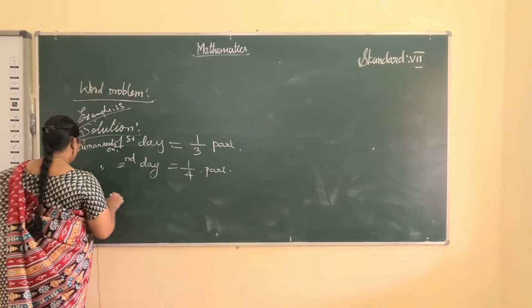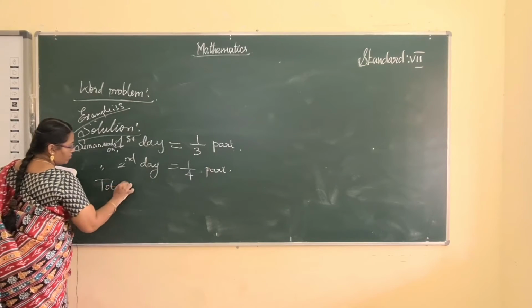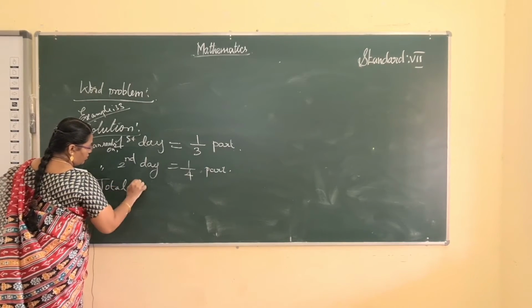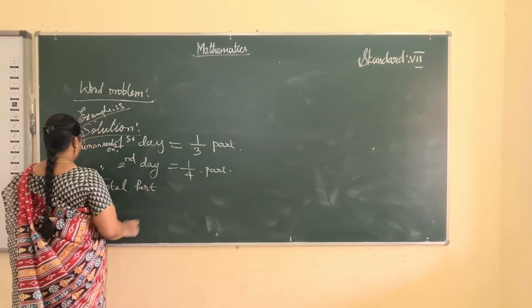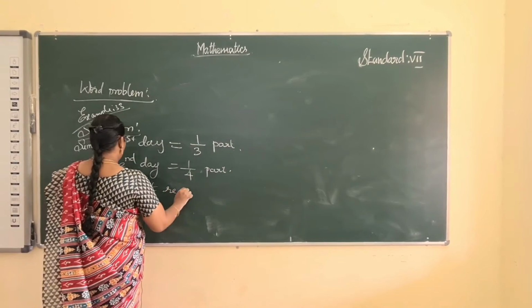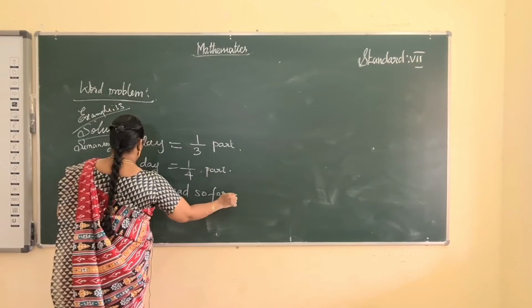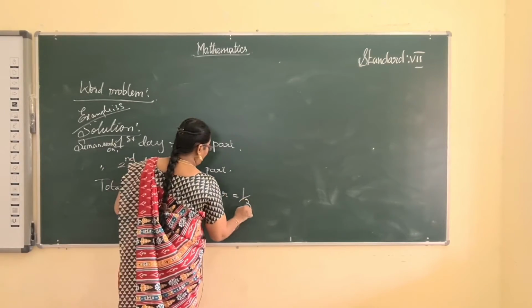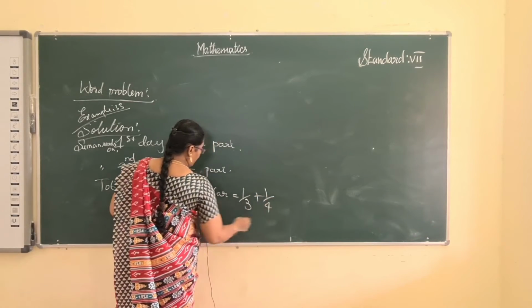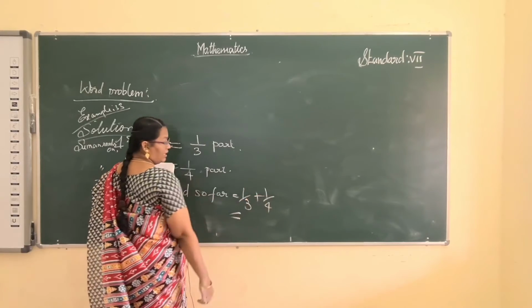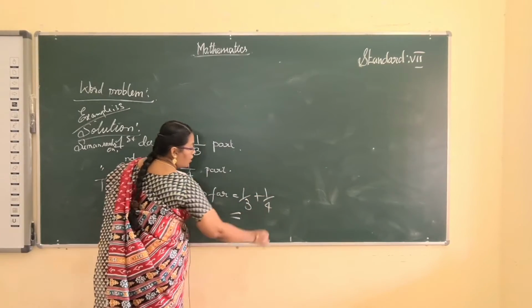Okay, so total parts read so far is equal to 1/3 plus 1/4. So what we get? Take the LCM.